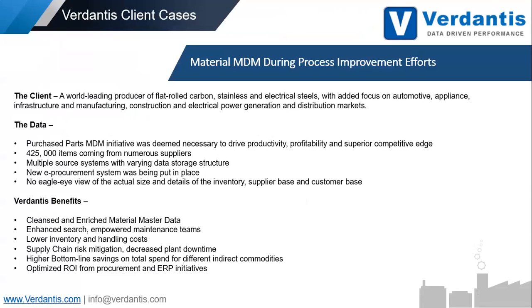They were also looking for identification of duplication to help lower inventory, handling and capital costs, as well as the plant downtime issue we talked about earlier. So the direct effect was they were looking for us to help optimize, particularly against this e-procurement system upgrade, and give them some bottom line savings.